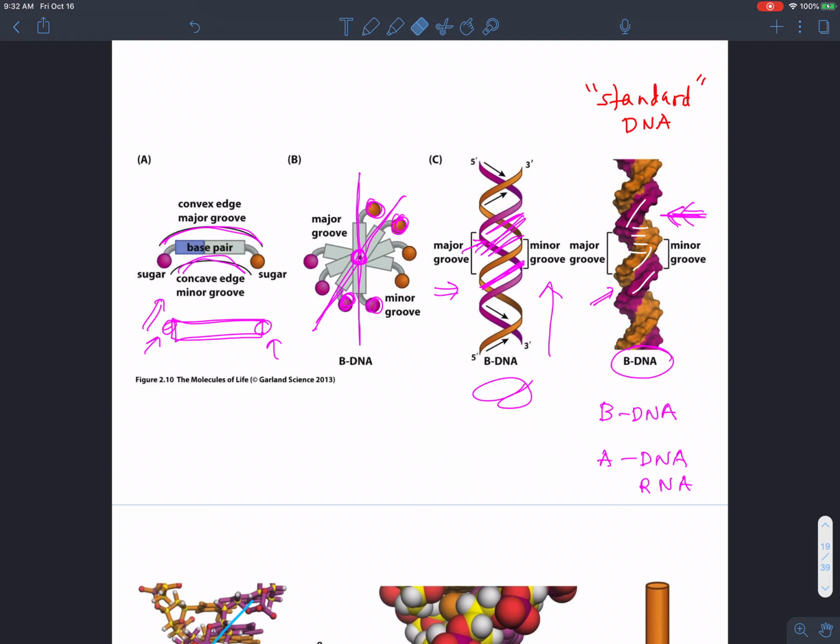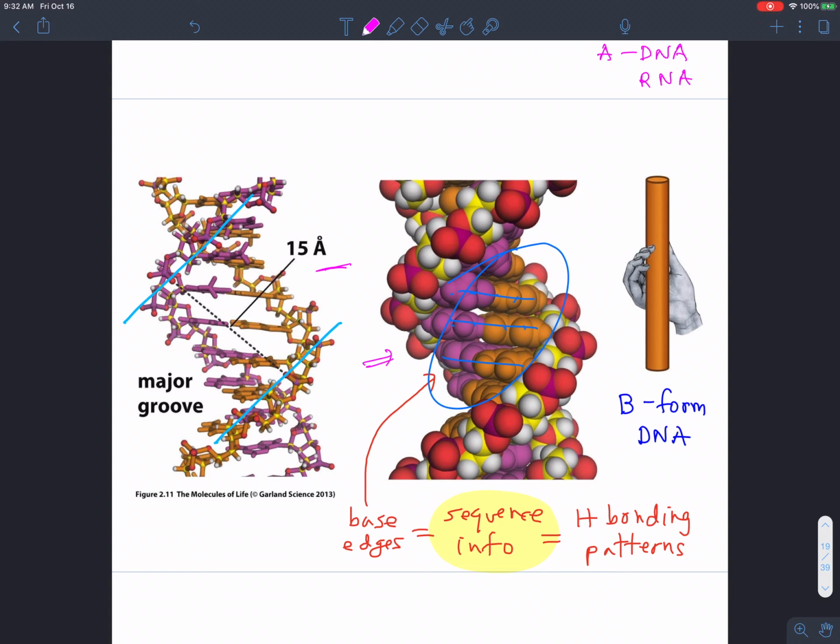All right, so this is B-DNA. It has a pretty wide major groove, 15 angstroms, and if you look at a space-filling model, you can see the base edges.